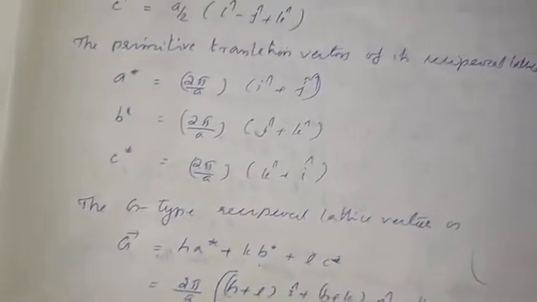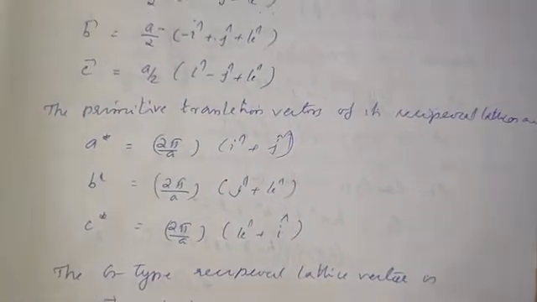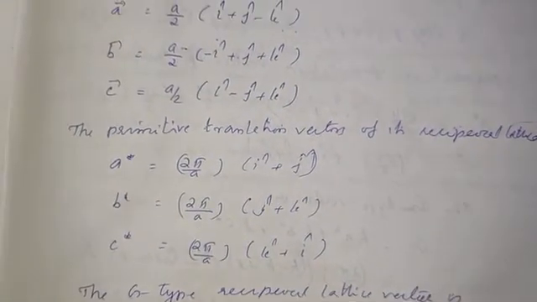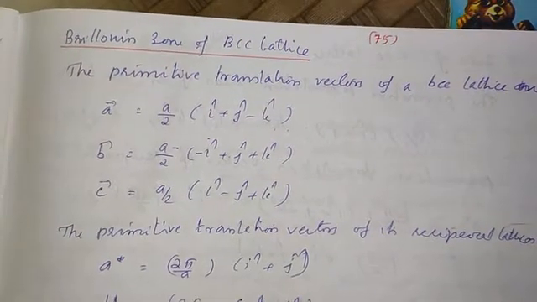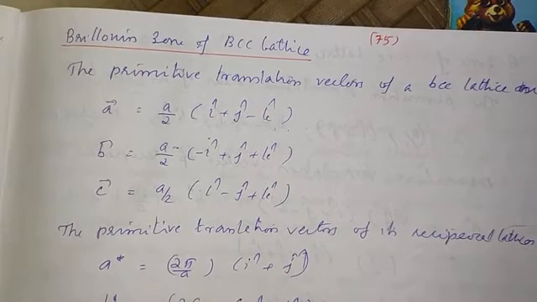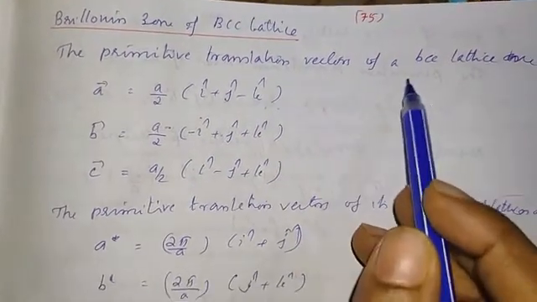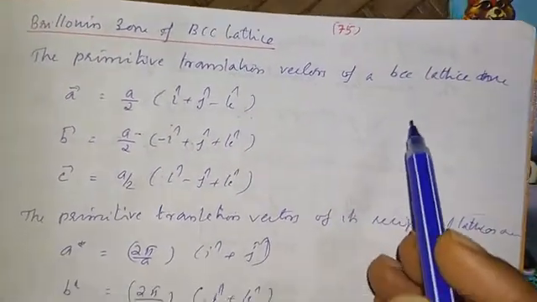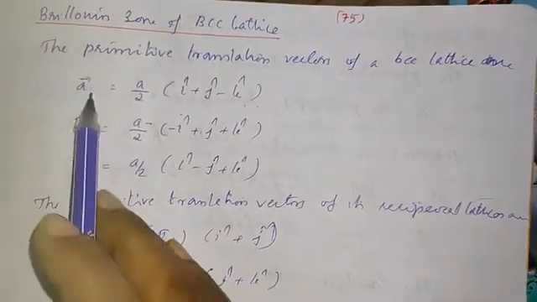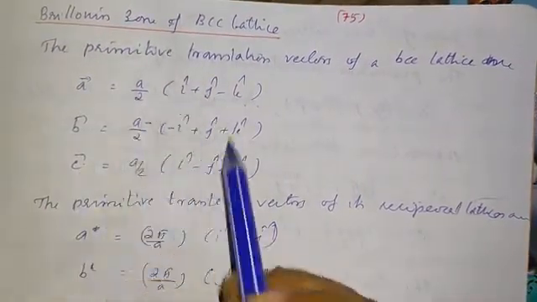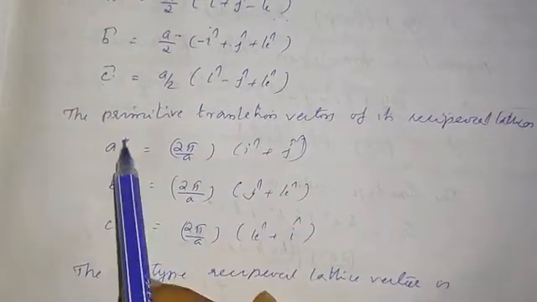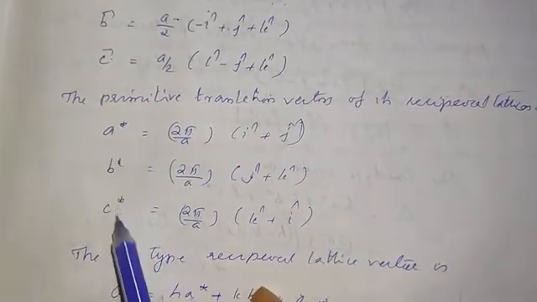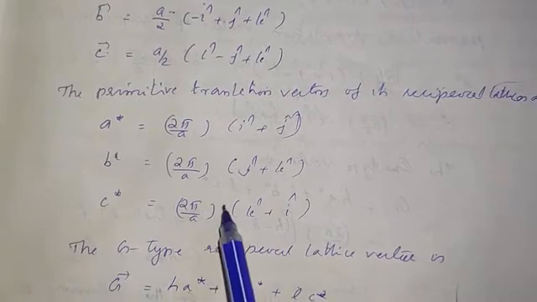Now next we will discuss the Brillouin zone of the BCC lattice, the body-centered cubic lattice. The primitive translation vectors of BCC lattices are given by A, B, C, which we have seen in our previous class, and the corresponding reciprocal lattice vectors are A star, B star, and C star.